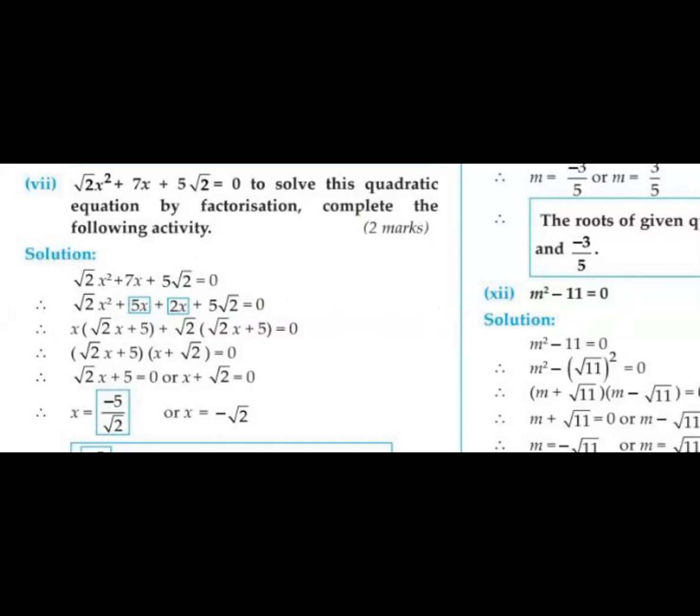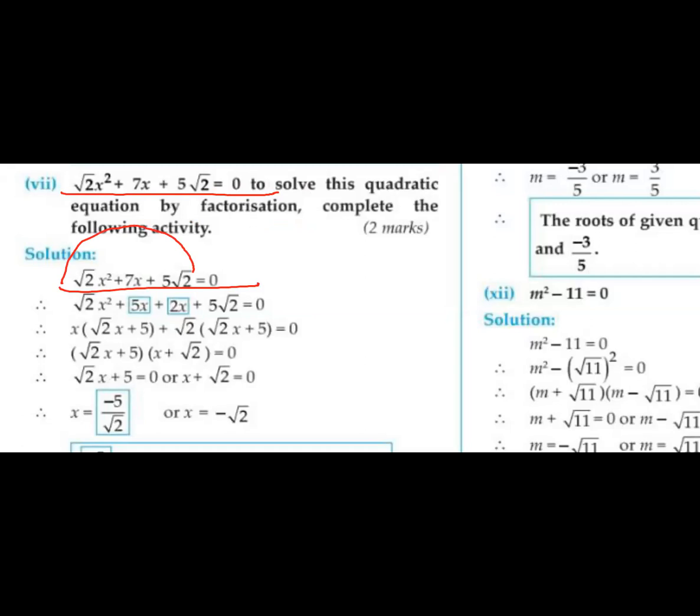Okay, so simple, we solve this, fill in the blank using the factorization method. It is given like a factorization, right? So root 2x square plus 7x plus 5 root 2, this is our main equation. As it is, first term multiplied by last term.